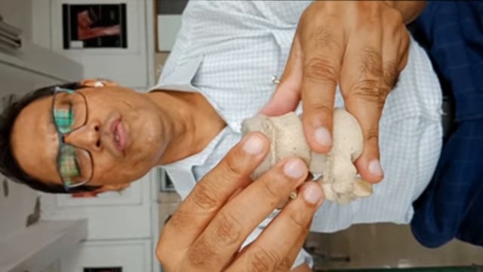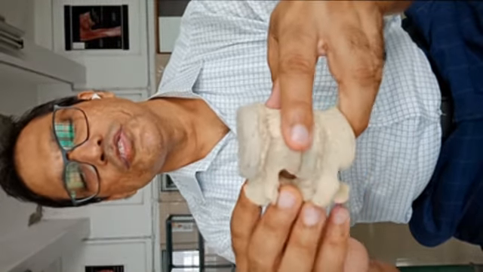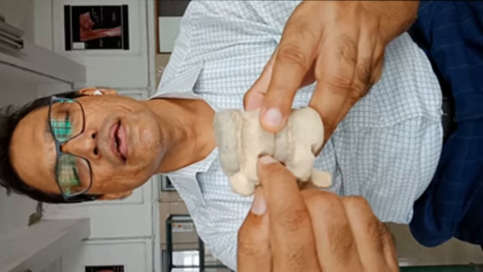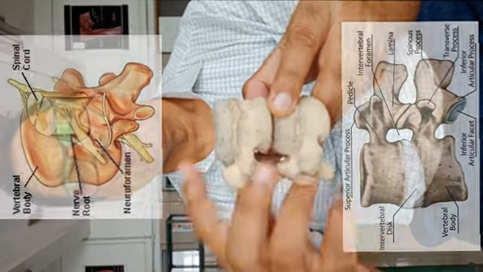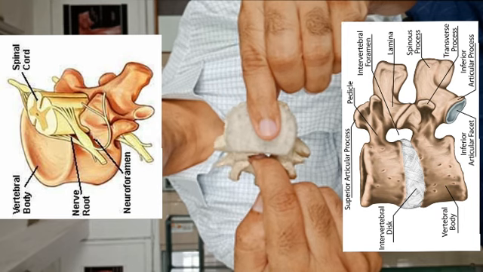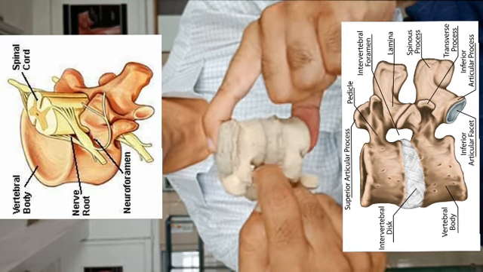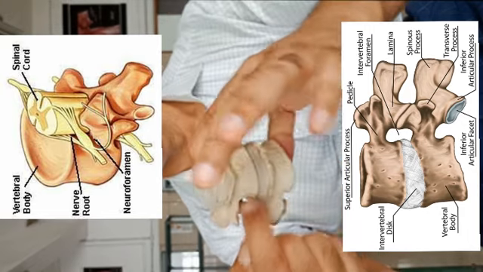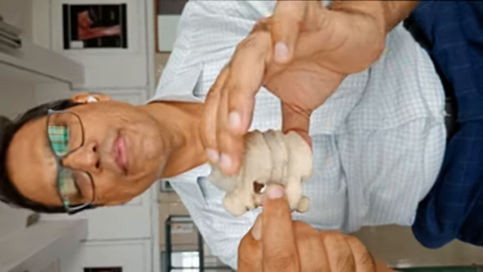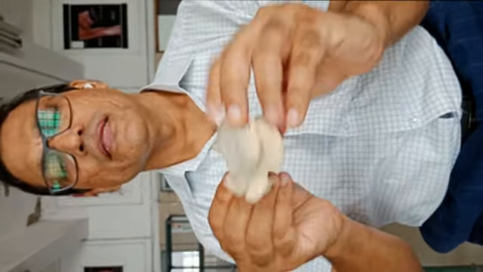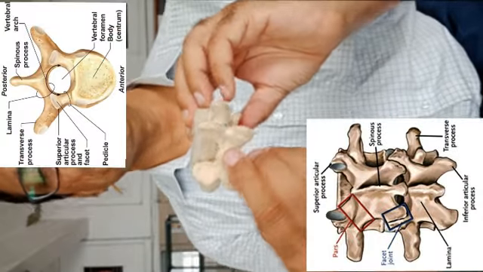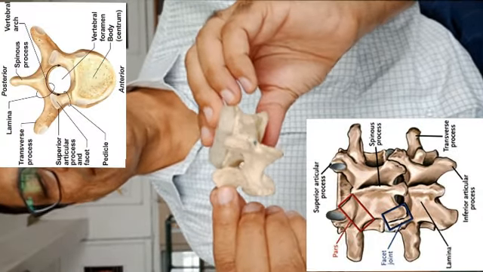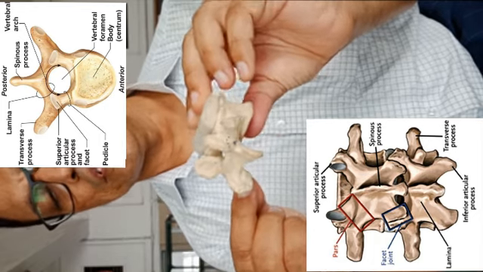When two vertebrae are joined to each other, they make the intervertebral foramen. So this is the vertebral foramen and this is the intervertebral foramen, through which the nerve roots on both sides with the vessels come out. Posteriorly, the vertebral arch has 7 processes.